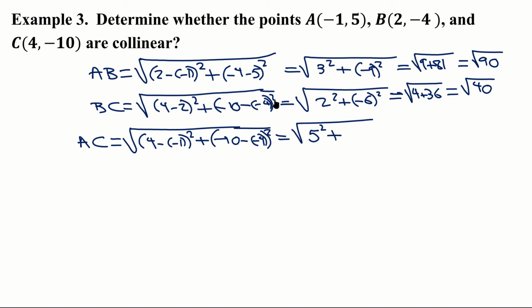Oh, I can see I made a quick mistake here. That's not -4, right? What should it be? We're looking at AC, so 4 minus -1 and then -10 minus 5. So my bad there, let's fix it. So it's 5 squared, and then basically the square of -15.